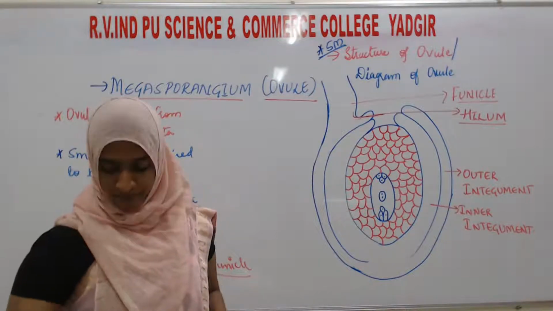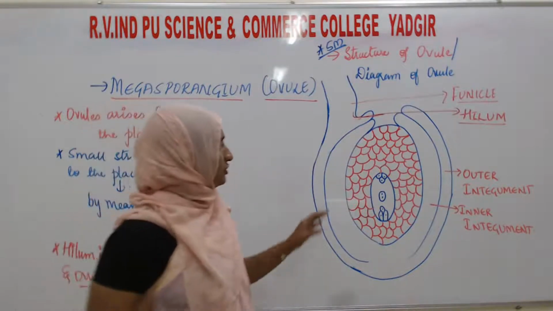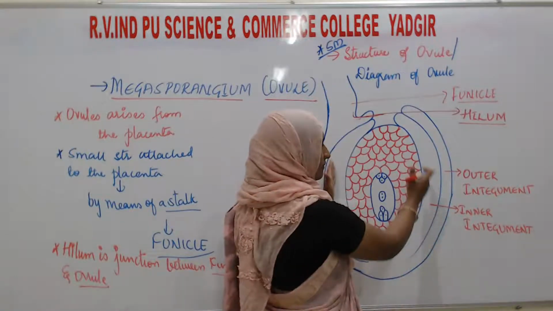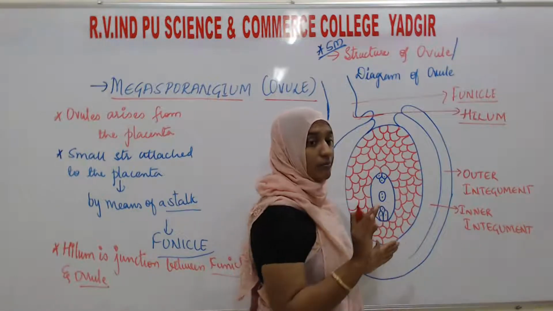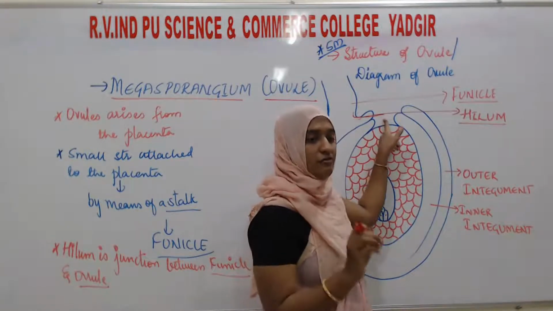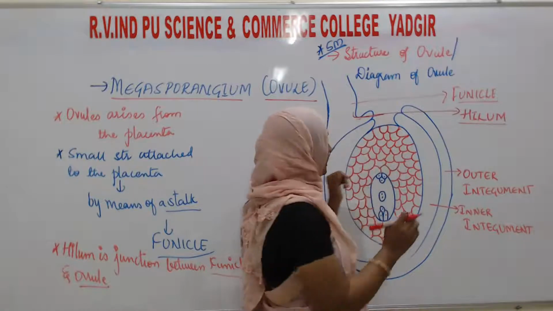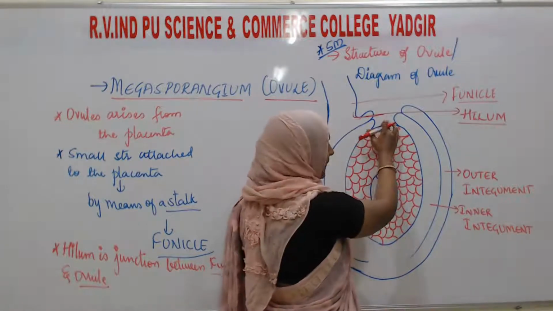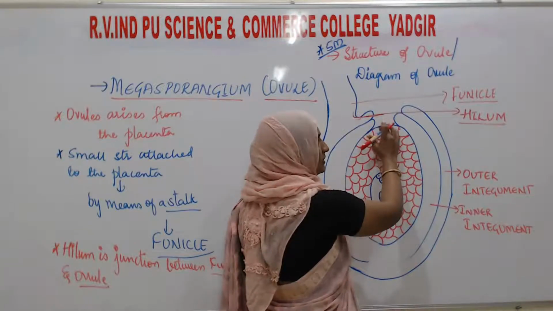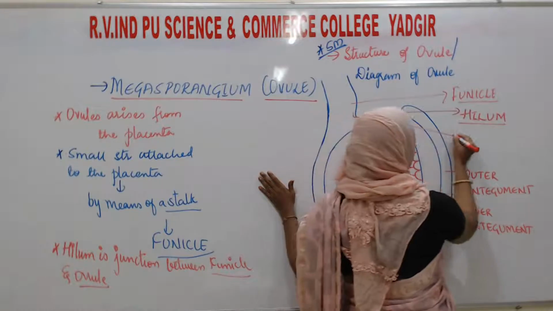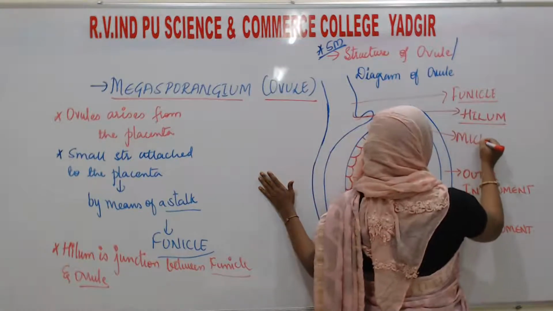And see here, these two integuments are enveloping the ovule, but not completely. At the tip region, they leave some space, a hole-like structure at the upper region of the ovule.